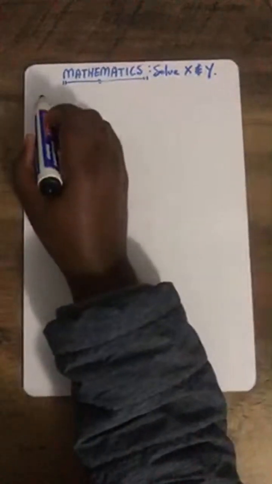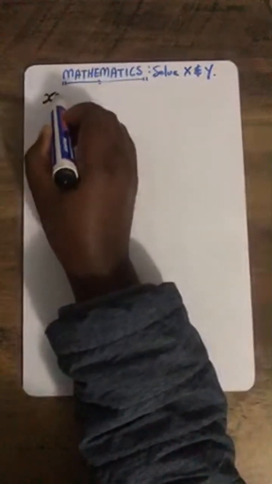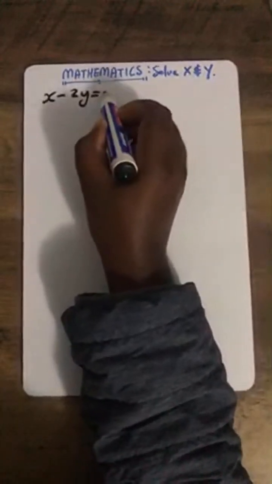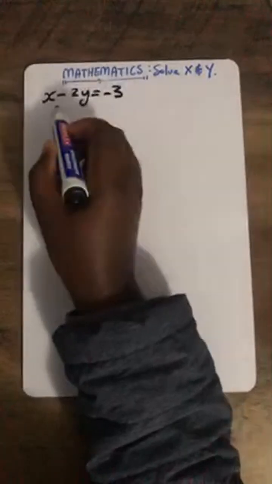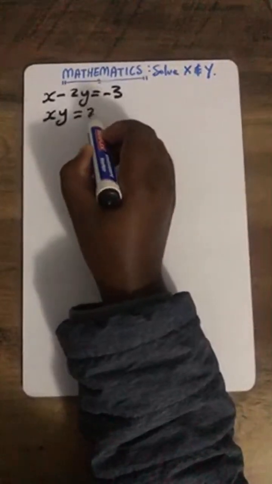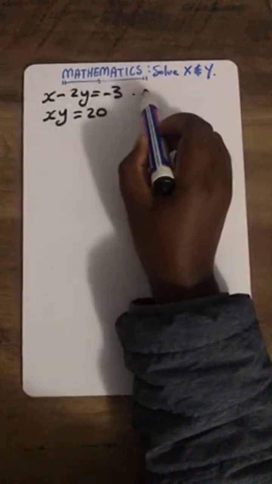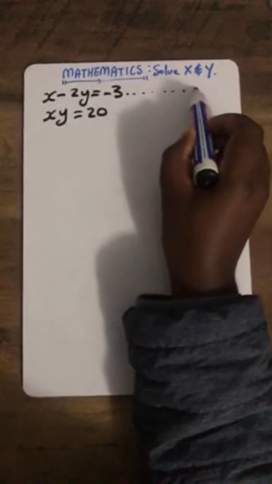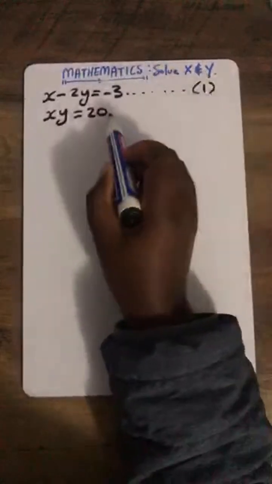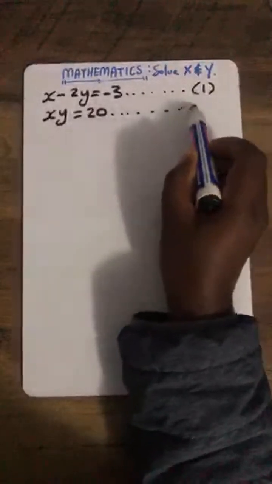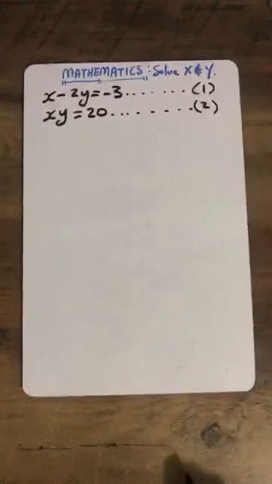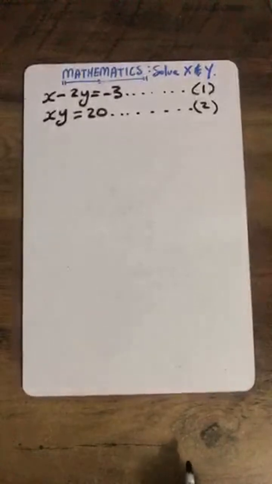Very easy. Okay, we've got x minus 2y, which is equal to -3. We also have xy, which is equal to 20. So all of this, we have equation number 1, and then that one is our equation number 2.